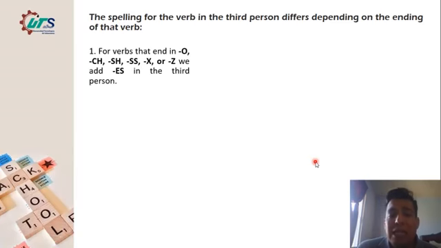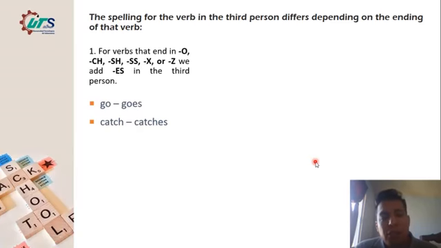We add es in the third person. For example, the verb go changes to goes. It is only used for he, she, it. He goes, she goes, and it goes. For the other persons, I must say I go, we go, they go, you go. Okay?